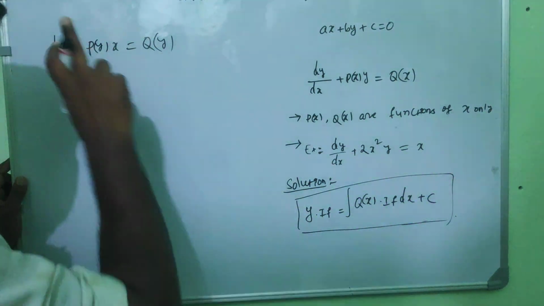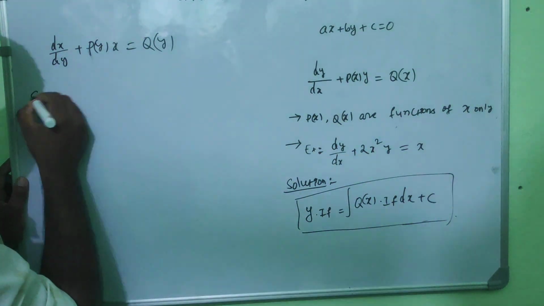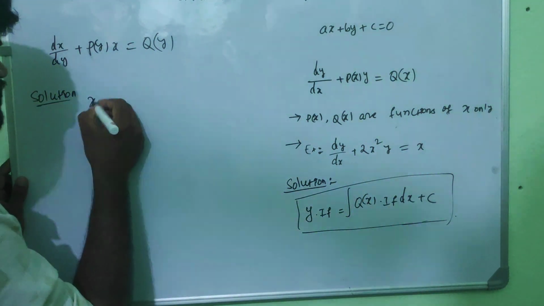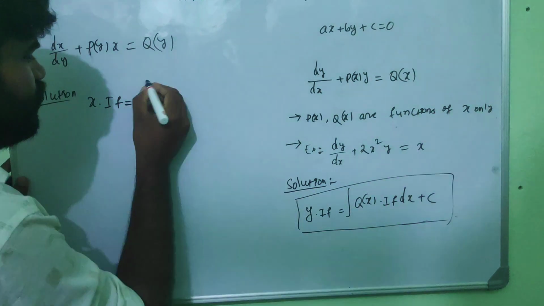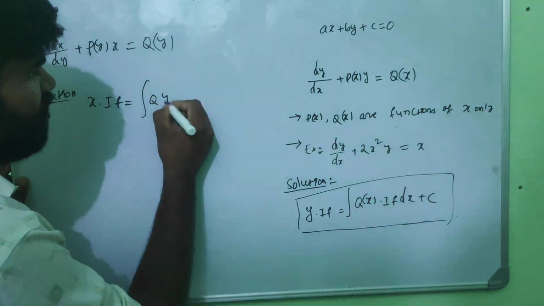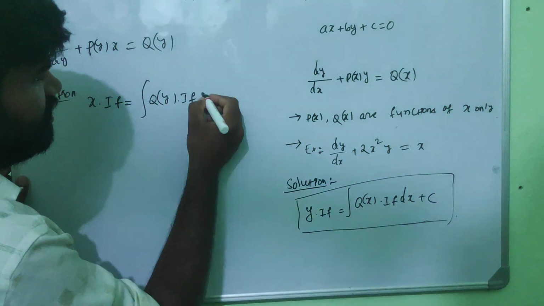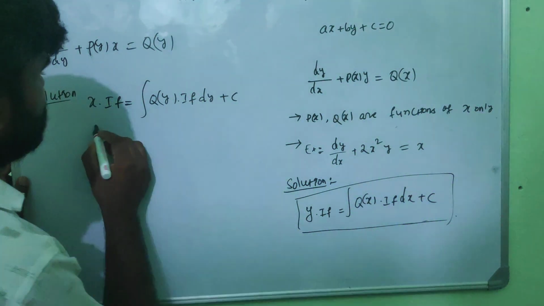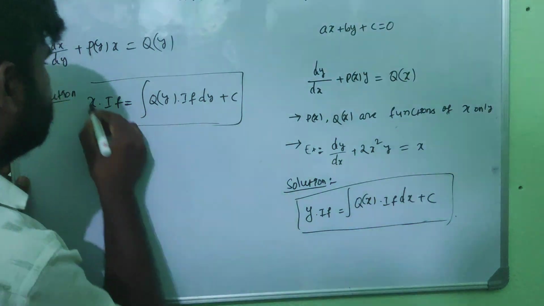Right? Now for this case, the solution will be x into integrating factor is equal to integral q of y times integrating factor dy plus c. So this will be the solution of an equation of this type.